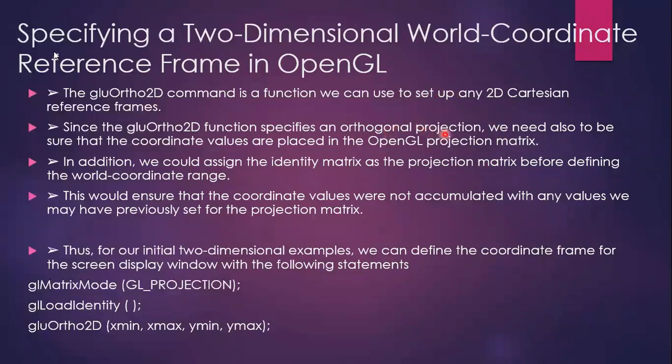So we have the orthogonal projection initially. In addition, we could assign the identity matrix as the projection matrix before defining the world coordinate range. Here, whenever the transformation happens, the camera coordinates or the world coordinates will be transformed to screen coordinates, so the projection matrix will be in the background.